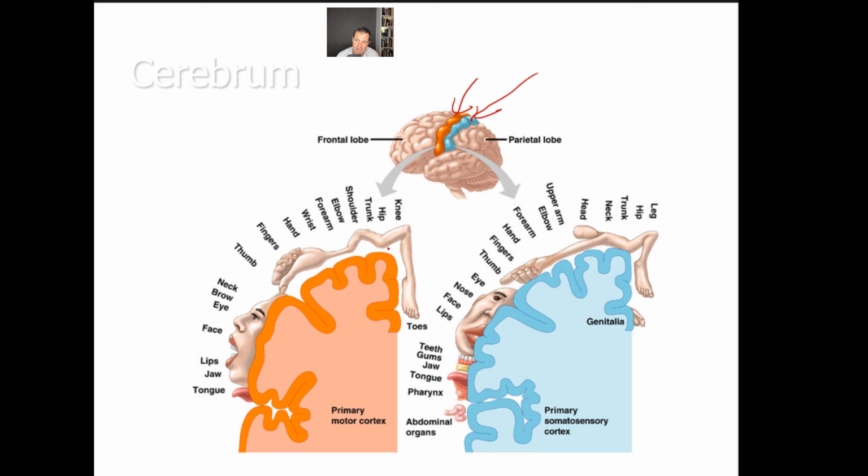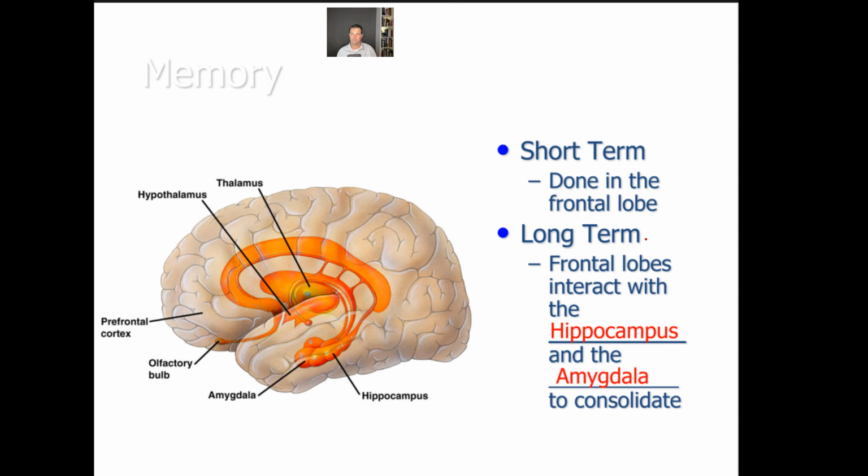So for example, if you try to move your hip, that portion of your brain is where the neurons fire that move your hip. And then if someone pokes you in the hip, you feel it there, for example. You feel it in your hip, but that portion of the brain processes that. So if there's damage to those regions, you either can't move that or can't feel that, or both of those.